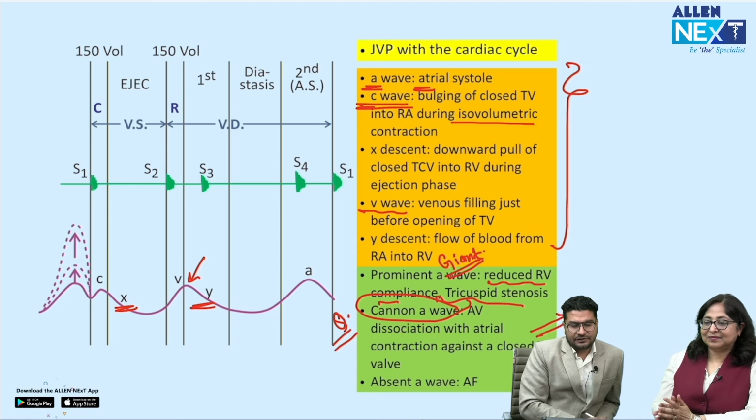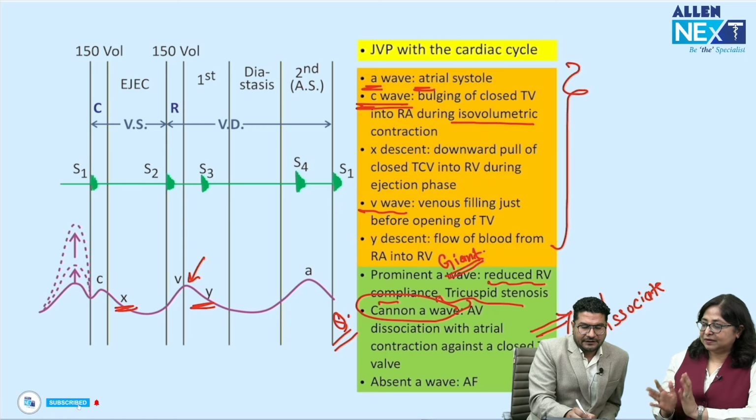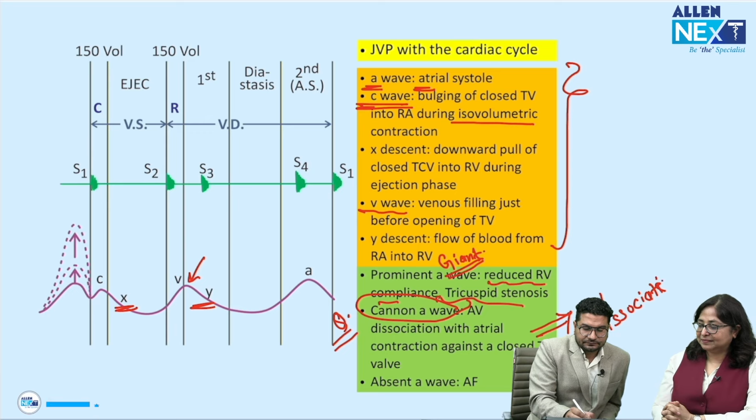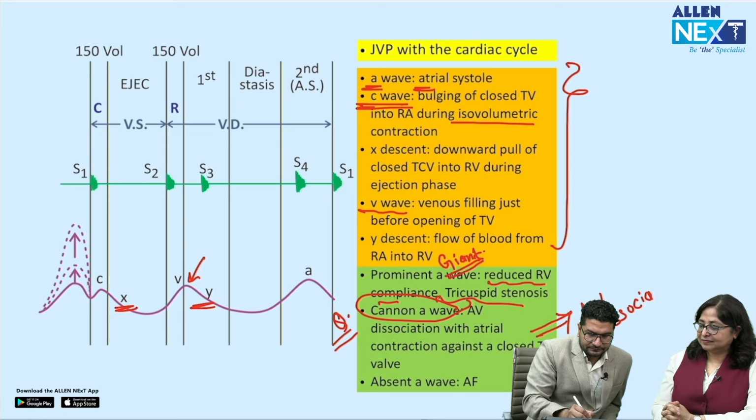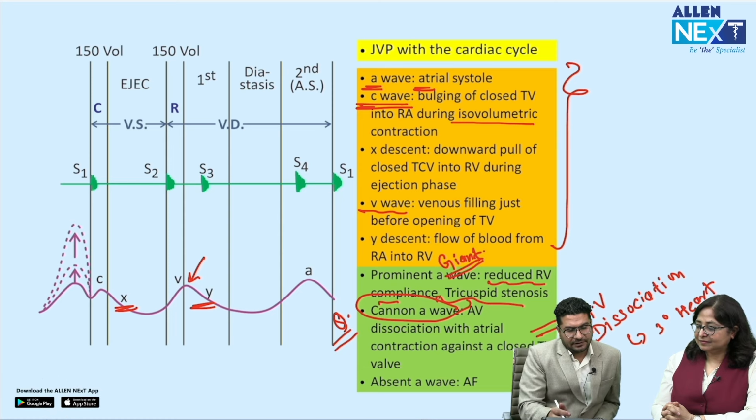Where do we see AV dissociation? AV dissociation means atria and ventricles are beating separately. This is seen in complete heart block, or third degree heart block.